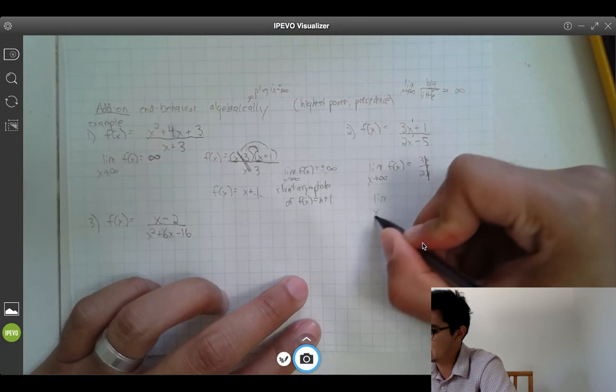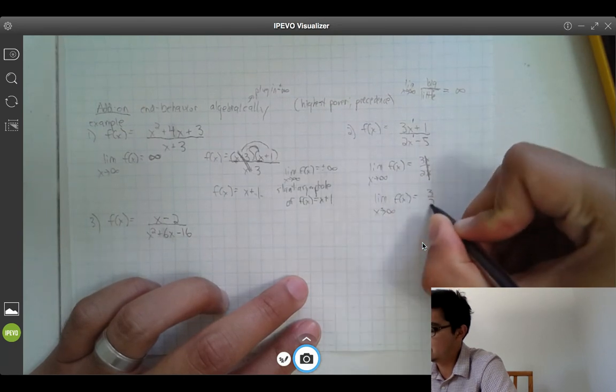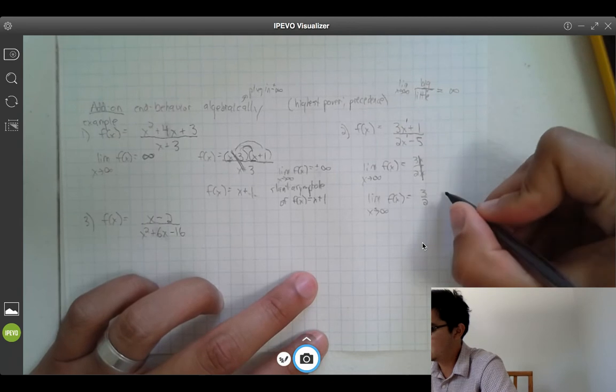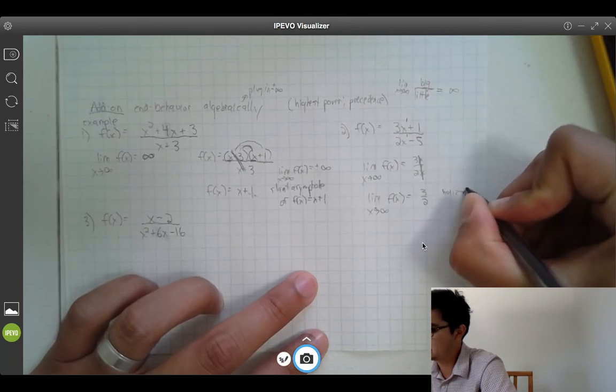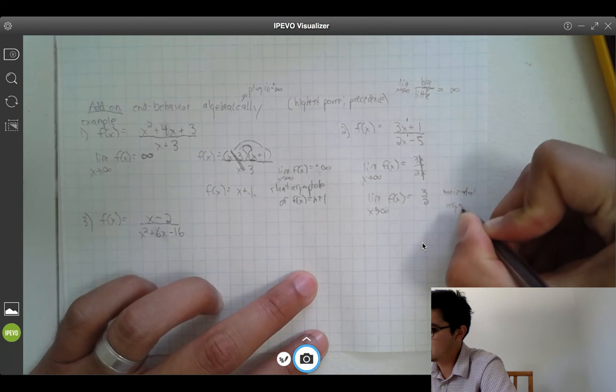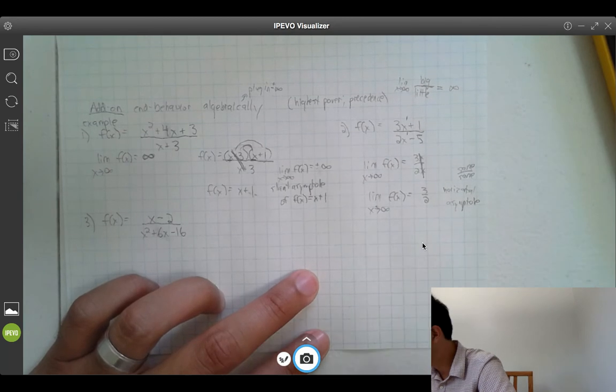So the limit as x approaches infinity of this function is 3/2, which, by the way, is a horizontal asymptote. So that's when you get same over same, not big over little.